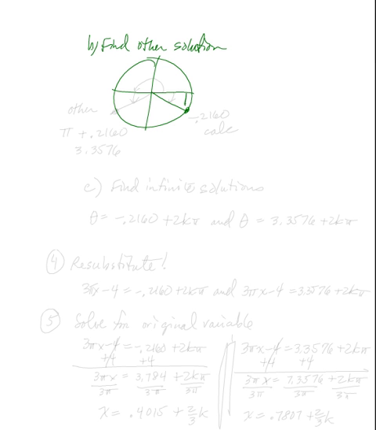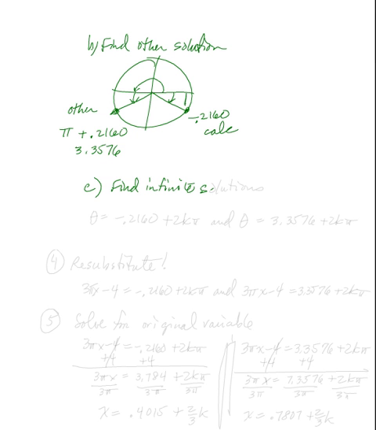So the rotation itself, though, is negative 0.2160. This was the calculator solution. So you know you've got another solution over here that you've got to name. And that's going to be pi plus 0.2160. Remember, this is the case where you have to work with the reference angle and make that reference angle positive, because you want pi plus the 0.2160. Gives you 3.3576.